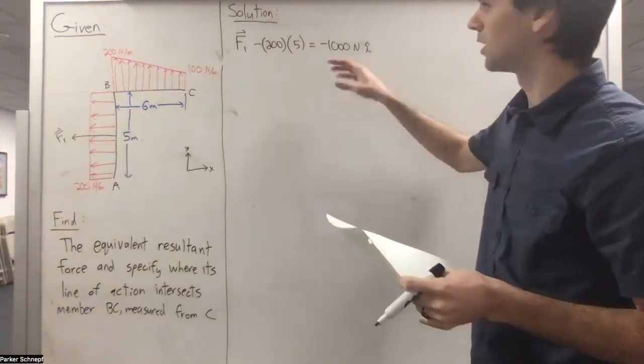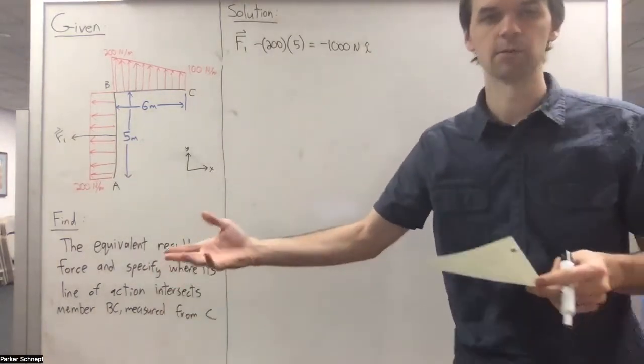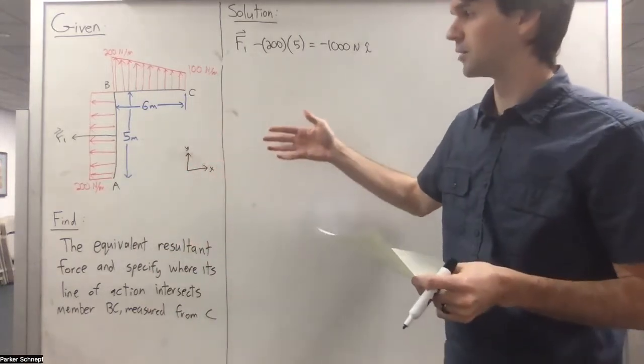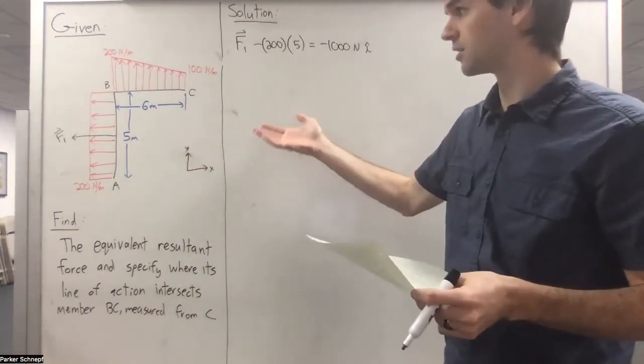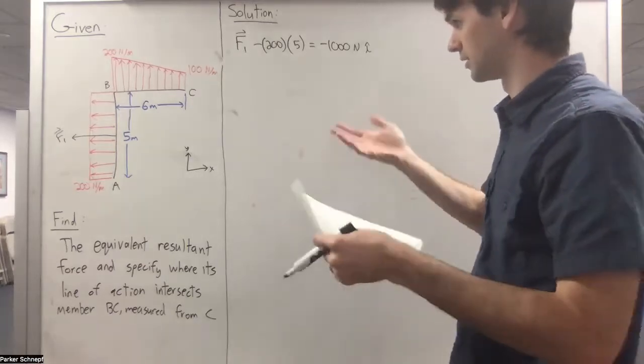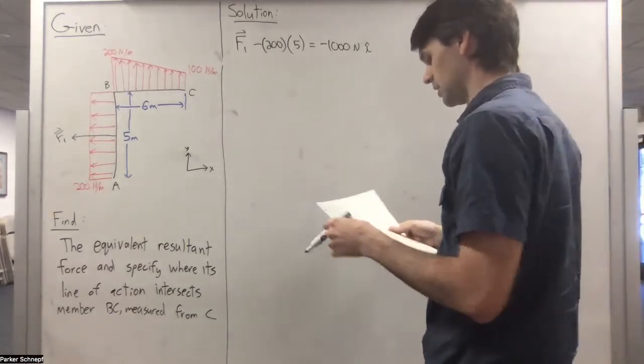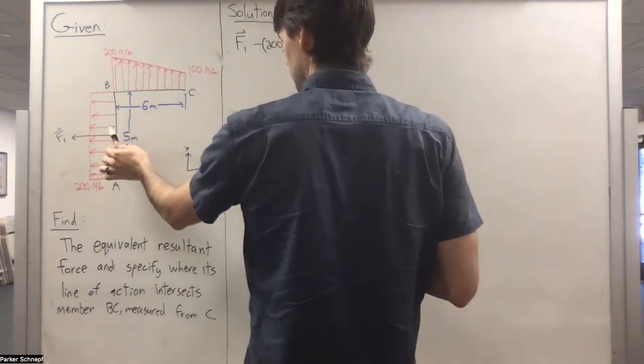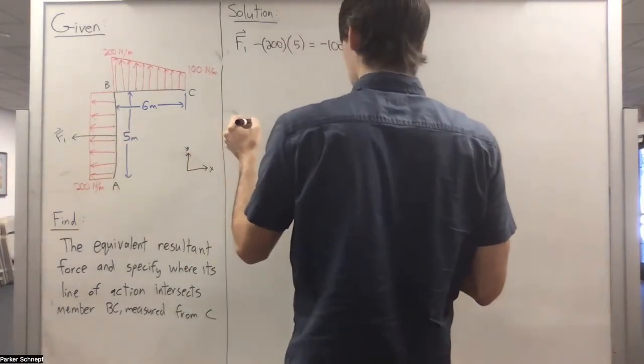So that's the magnitude. We also need to know, where does that force show up, right? We can't just place that anywhere. It's got to be at the equivalent spot so that the forces and moments feel the same. So since the shape is rectangular, it's just going to be right in the middle, right? This is 5 meters, so it's going to be at 2.5.